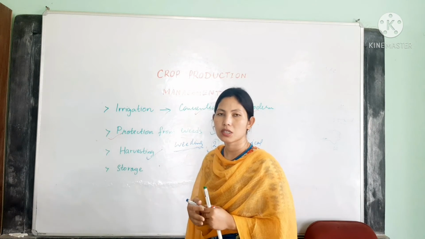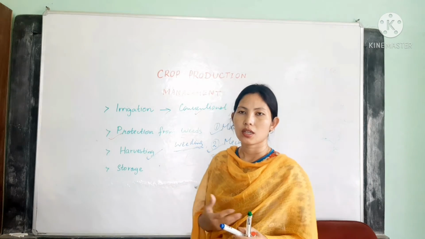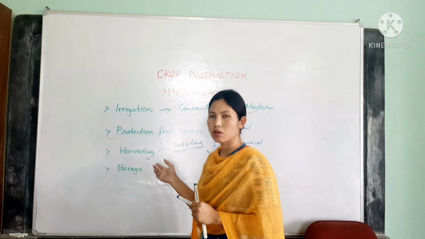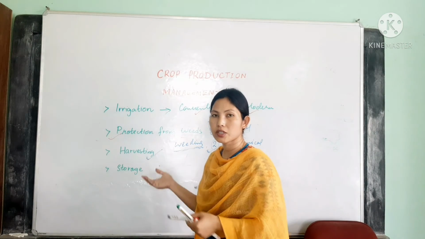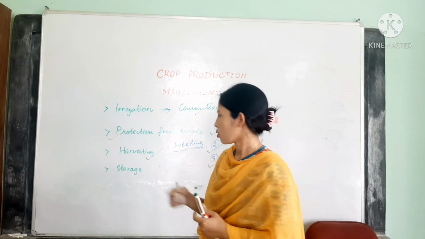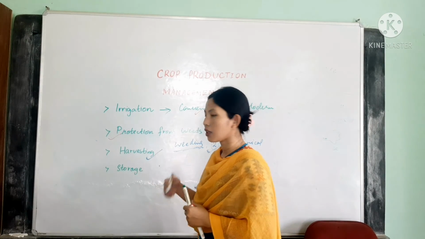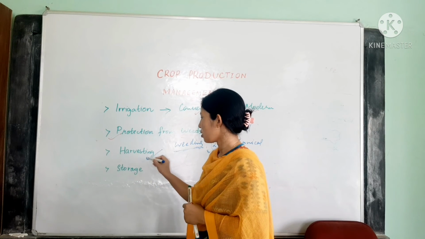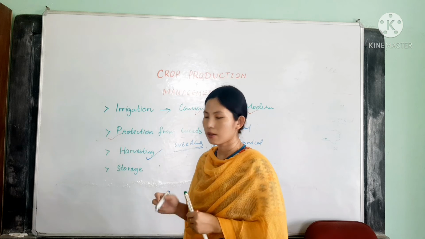In India especially, the sickle is used to cut the crop, and then the grains are obtained from it. Or with machines like a harvester or combine, harvesting can be done. So harvesting can be done with a combine, with a machine fitted to a tractor, or with the help of a sickle.